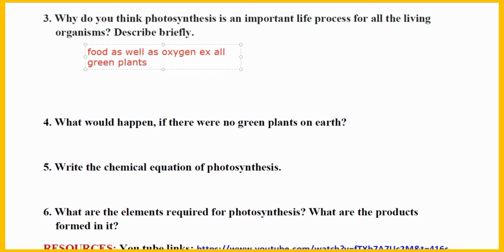By photosynthesis, all green plants can prepare food in the presence of sunlight with the help of chlorophyll, by taking carbon dioxide and water from the ground, and they liberate oxygen. Very, very important: they liberate oxygen. This is also something you have to keep in mind.